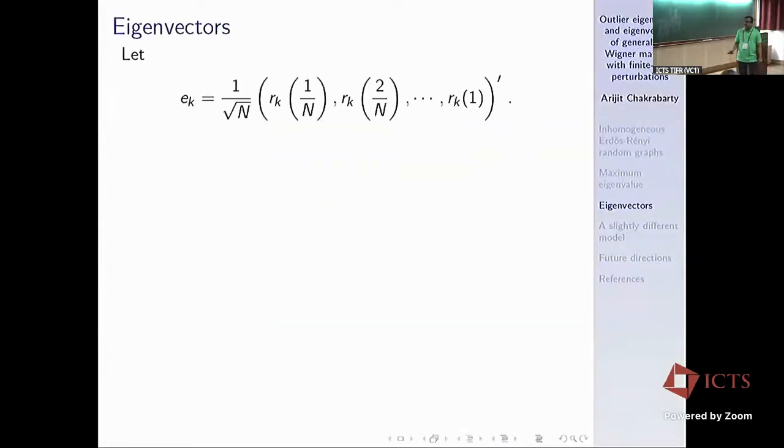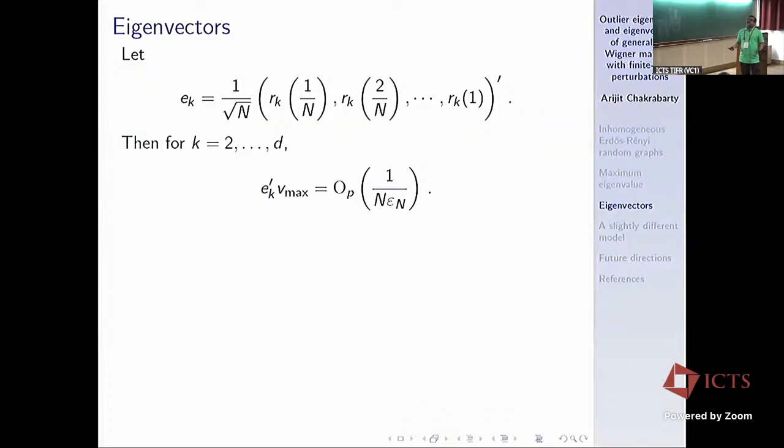Now let us come to the behavior of the eigenvectors. Once again, Ek is the deterministic eigenvector corresponding to the kth largest eigenvalue of fxy. Vmax is the eigenvector corresponding to the largest eigenvalue of An.